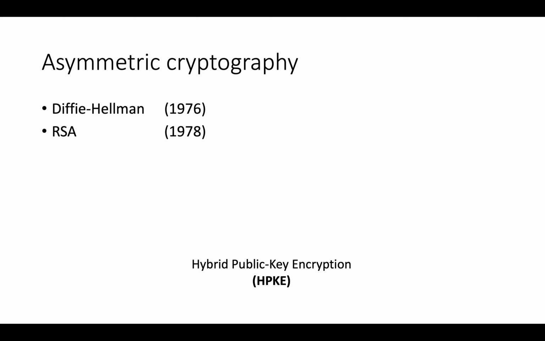This is what is being used in MLS to make it stronger. To keep our session simple, we are not going deep into HPKE and will continue with Diffie-Hellman only throughout this entire session. So let's go back to our next problem statement.